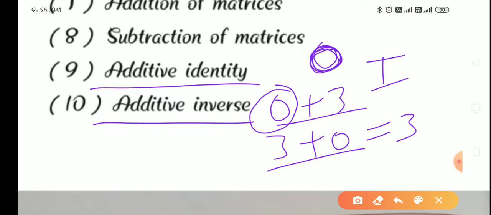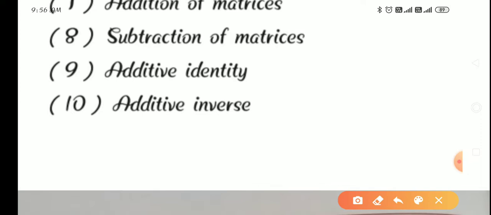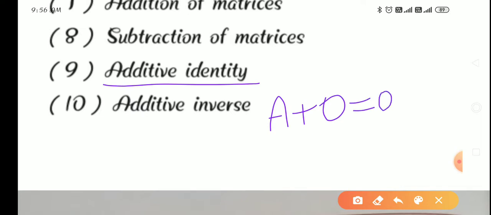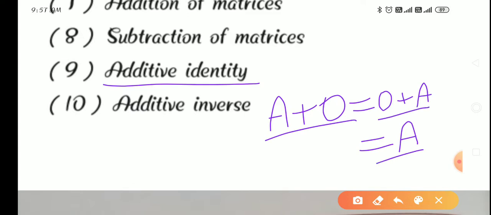The 0 matrix or null matrix is denoted by O, and the identity matrix is denoted by capital I. So the additive identity in matrix algebra: A plus O equals O plus A equals A. Means if you add any matrix to the 0 matrix, or if you add the 0 matrix to any matrix, then the matrix will be the same.